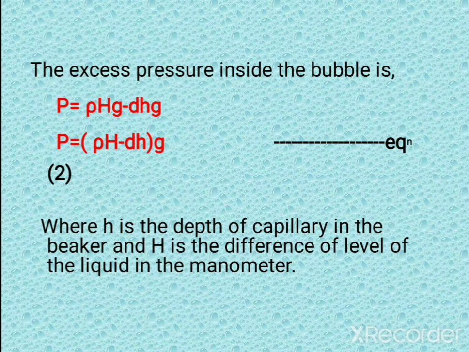H is the height of the capillary tube deep in the liquid, and g is gravity. So we get the excess pressure P equal to (ρh minus dH) g.